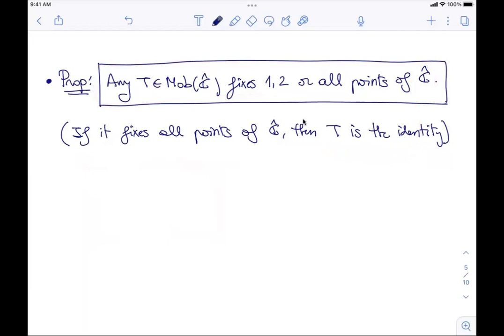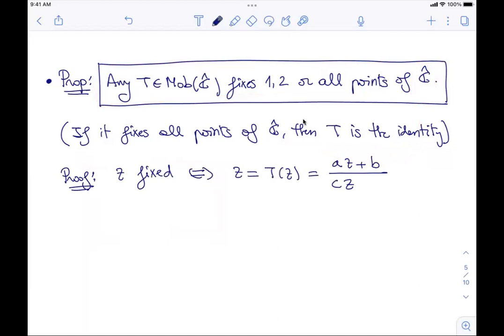How do we prove this? Well, this is actually easier than it sounds. We just need to realize that a point is fixed if and only if it coincides with its image, which is given by (az + b)/(cz + d).